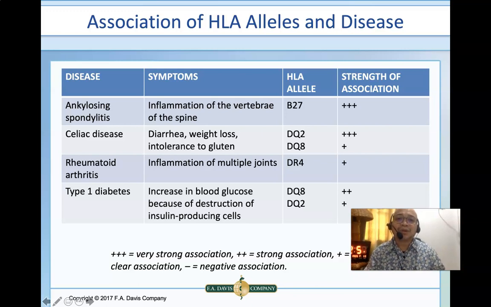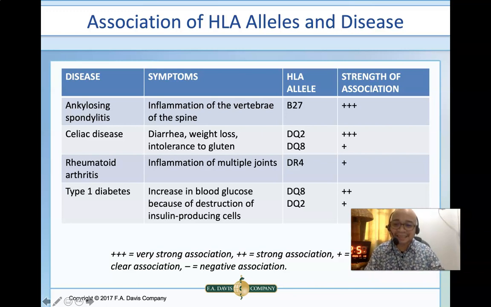Okay, so the chances of you getting celiac disease if you are expressing HLA-DQ2, the strength of association is about +3, HLA-DQ8, the strength of association is just +1. Okay, rheumatoid arthritis is the inflammation of multiple joints, and this is associated with HLA-DR4.